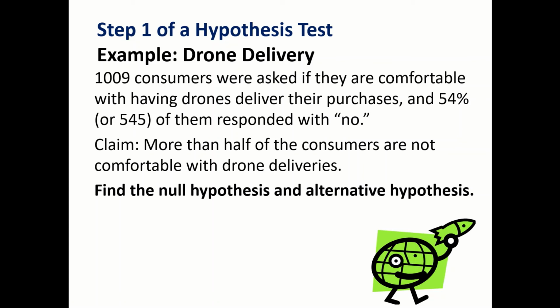Okay, so first we want to write the claim in symbolic form. So given the claim, more than half of the consumers are not comfortable with drone deliveries. In symbolic form, it will be P, since it's talking about the population proportion, more than half.